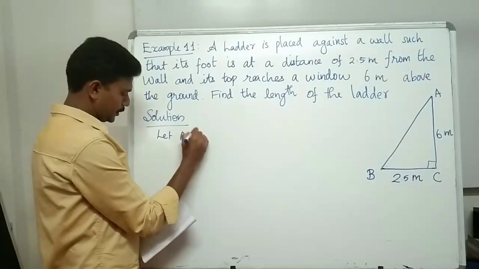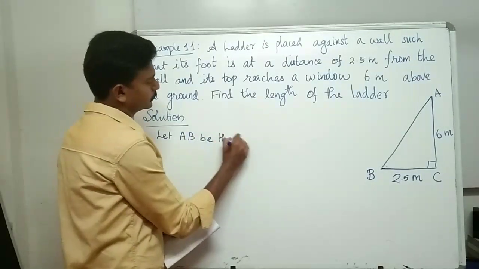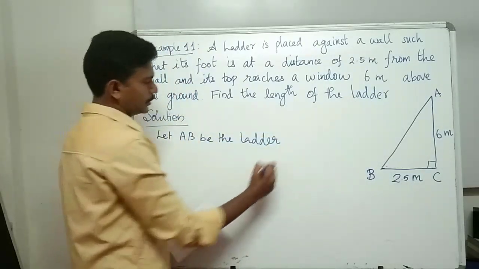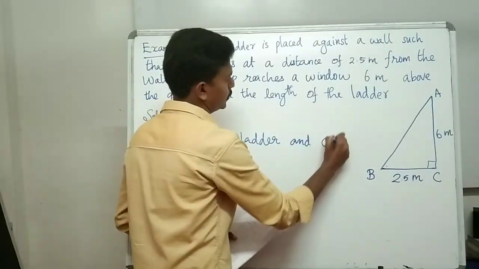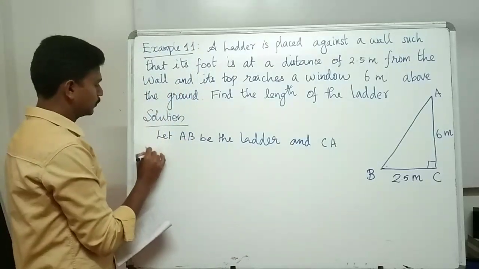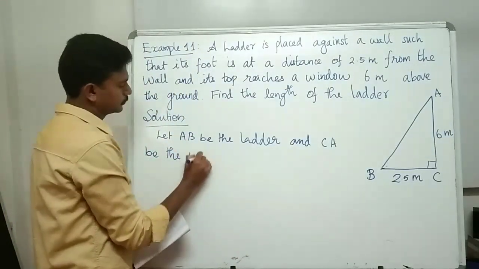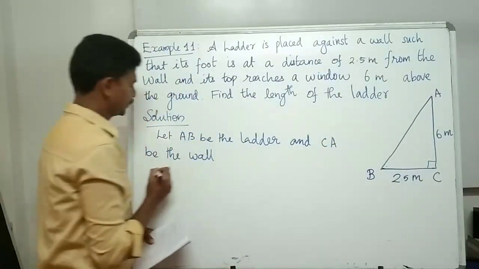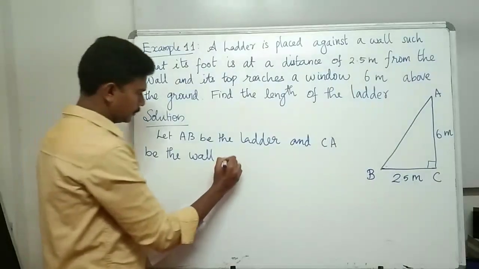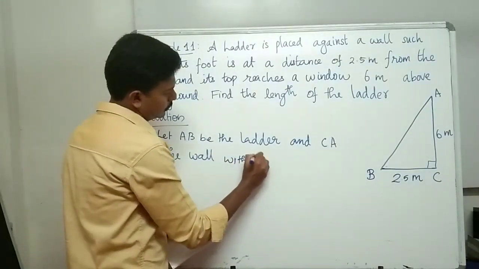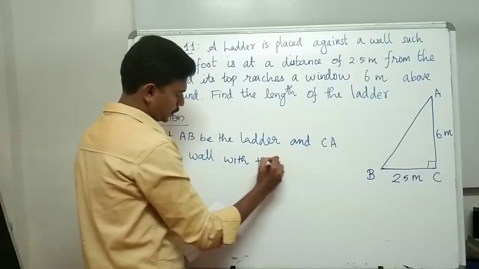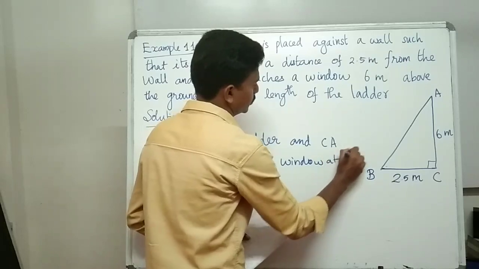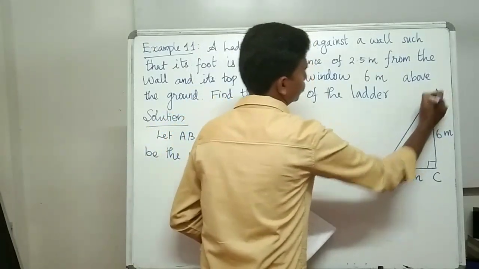Let AB be the ladder, and CA be the wall, with the window at A. So the window is at the position of A.